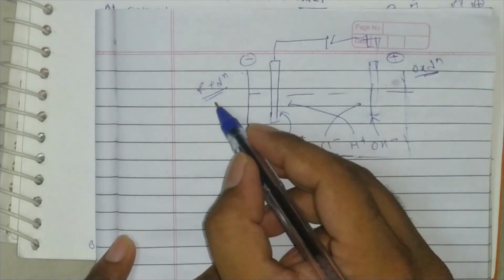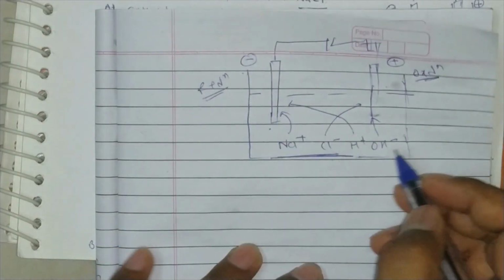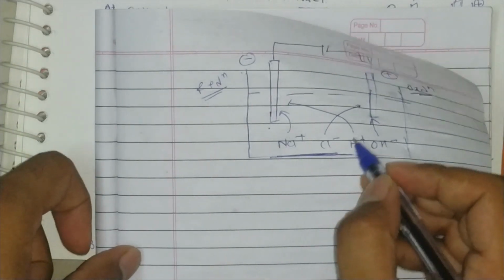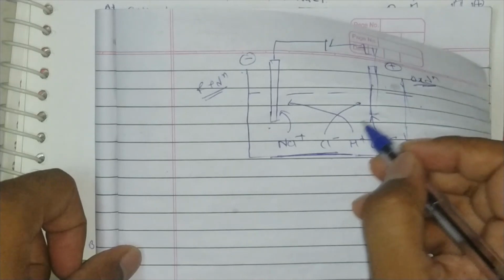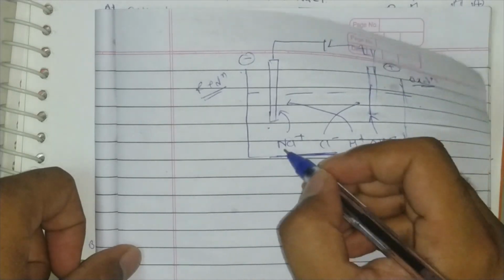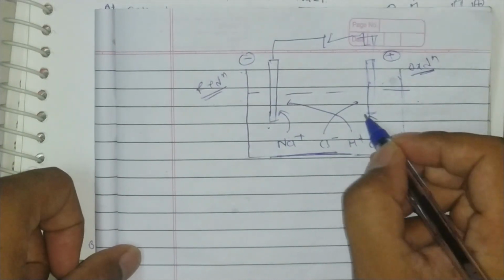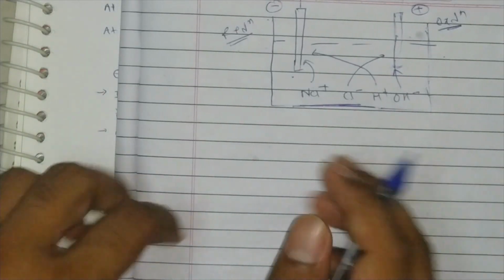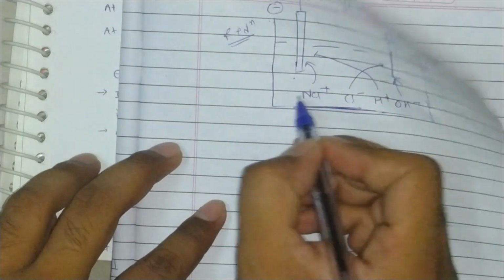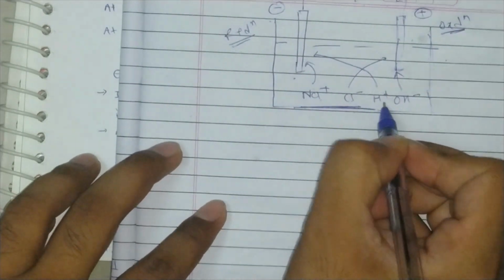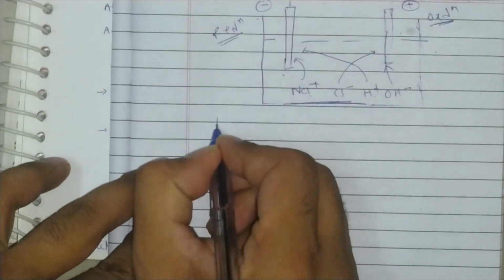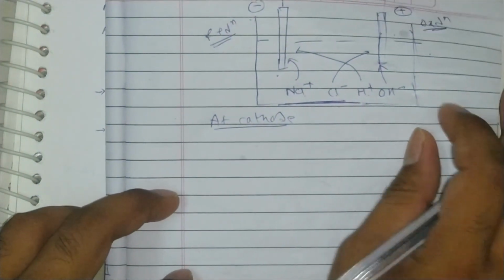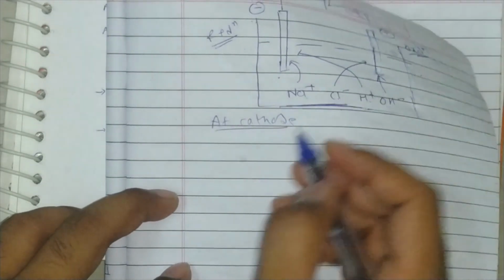So whose reduction will take place at the cathode and whose oxidation will take place at the anode? It depends on the half cell potential, or reduction potential, or oxidation potential of these ions. For example, when Na plus and H plus ions migrate to the cathode, their reduction will take place.